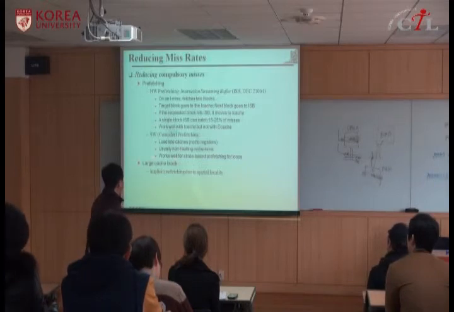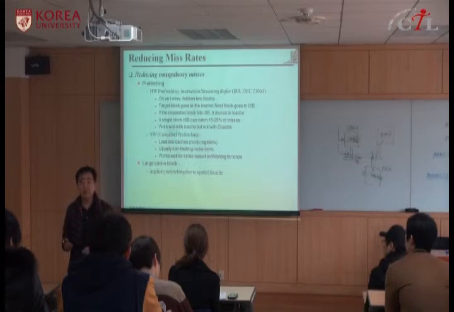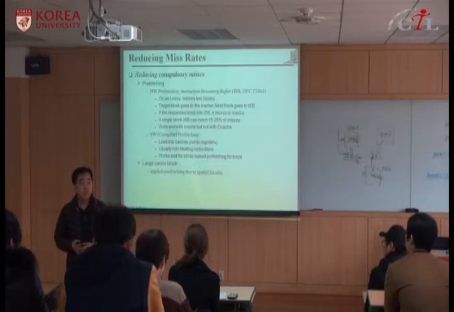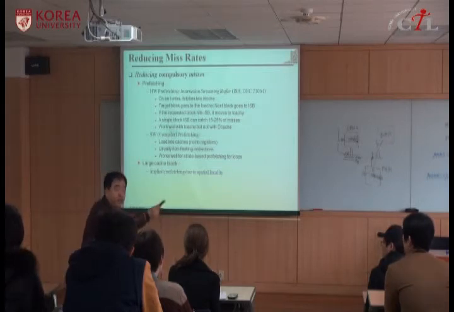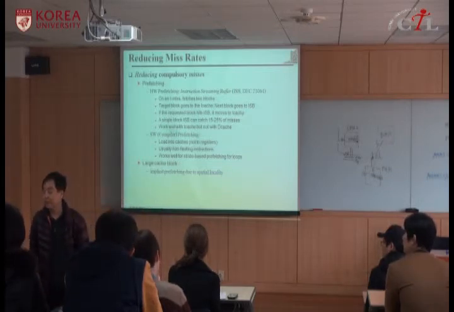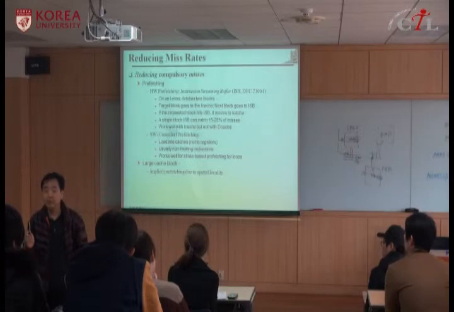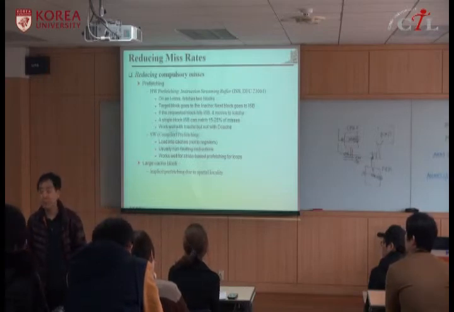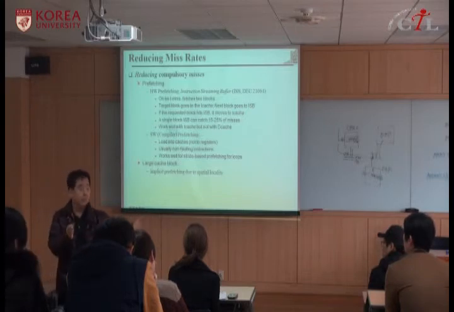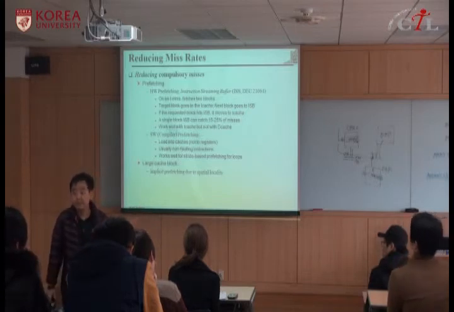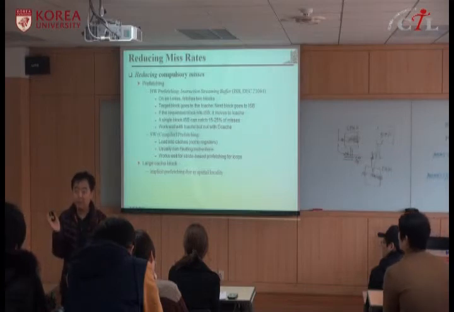And it works well for stride-based prefetching because data accesses usually have a stride. Stride means if you access A0, A1, A2, A3 and so on, and this array is an integer array, then you increment your address by 4, because for a 32-bit processor each data is 4 bytes, right? And this 4 is called the stride.